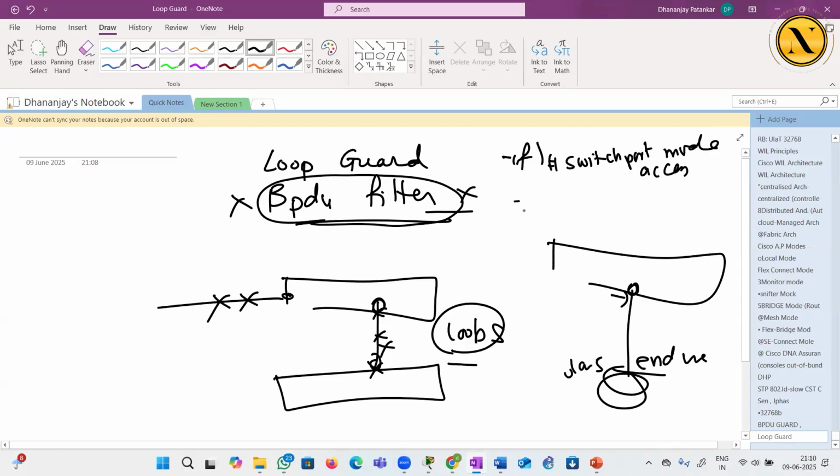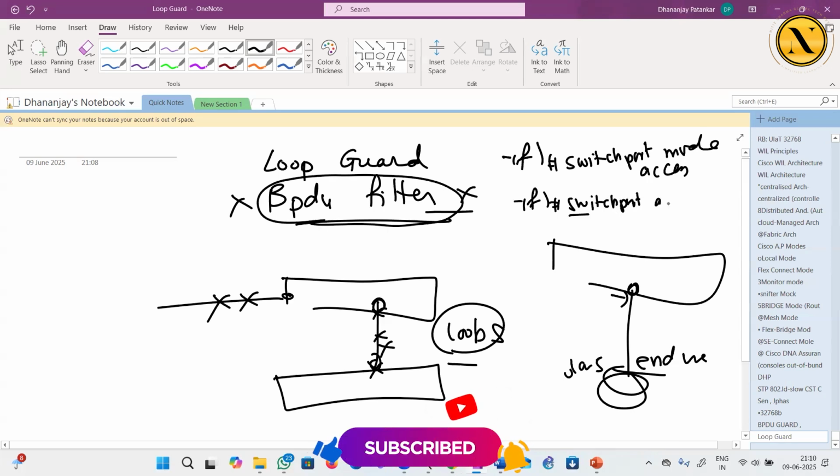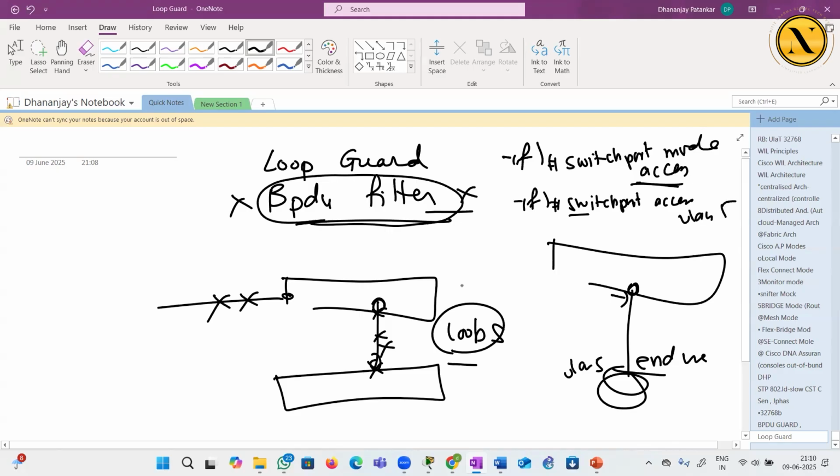So switchport access VLAN 5. Switchport mode access is important, right? And of course, if we don't give this, it will remain in VLAN 1. And then whatever commands you think you can give, like BPDU filter and root guard, all those things you can give.